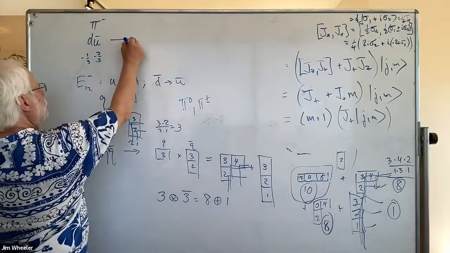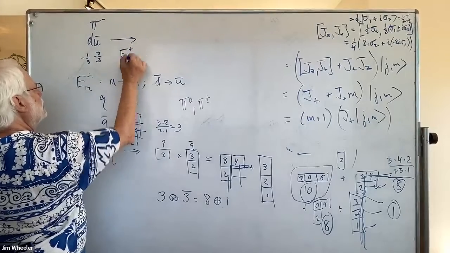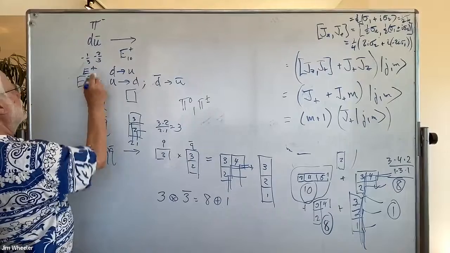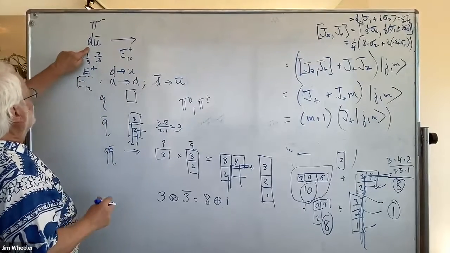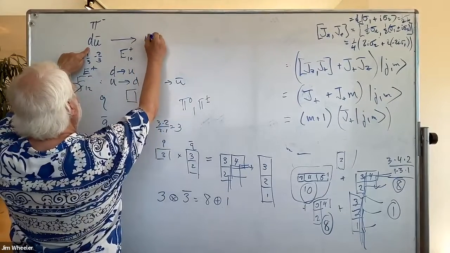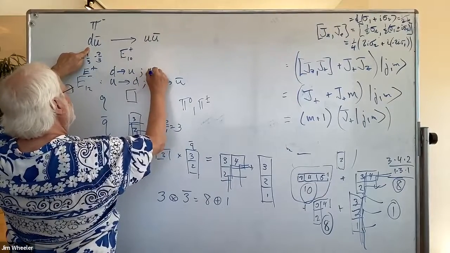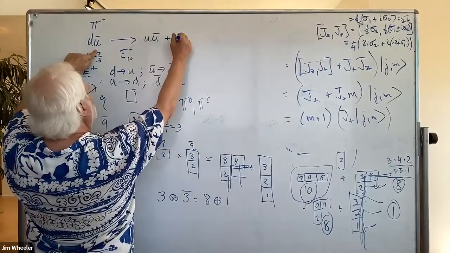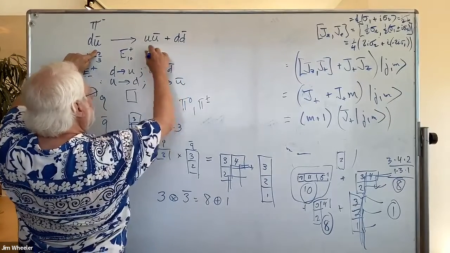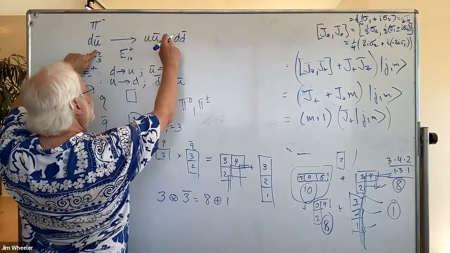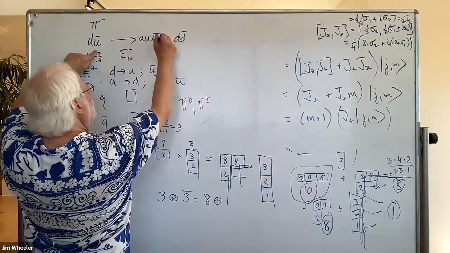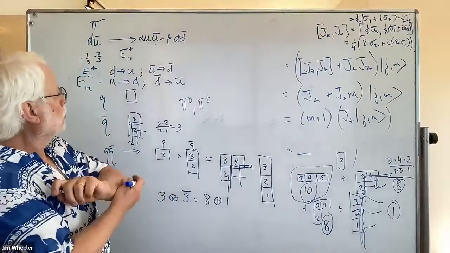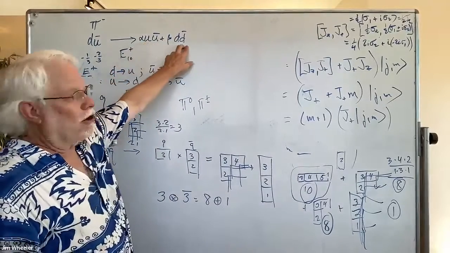And if we act with E12 plus, that's going to take a D to a U. That's our E plus. So the D is going to go to a U, but this can also take a U bar to a D bar. So it's also possible to get a D D bar here. Let's be cautious about it because we haven't generated what the coefficients are, but we're going to get a linear combination of UU bar and DD bar here.